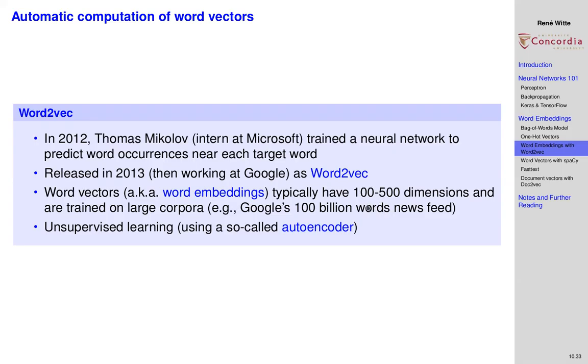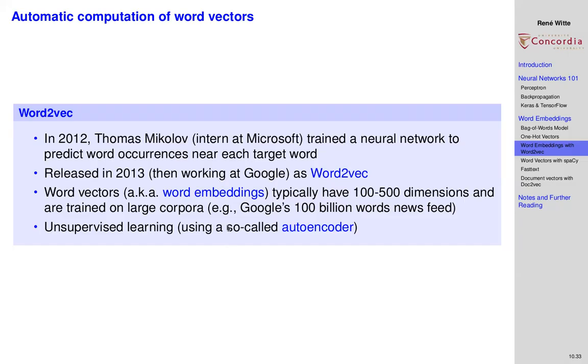So something like typically around 300 dimensions. And to make this work well, you have to train this on a large number of words. So one corpus this is typically being trained on is, again, published by Google, a news corpus which has 100 billion words. And then if you train this on 100 billion words, you get very nice word vectors out of it.